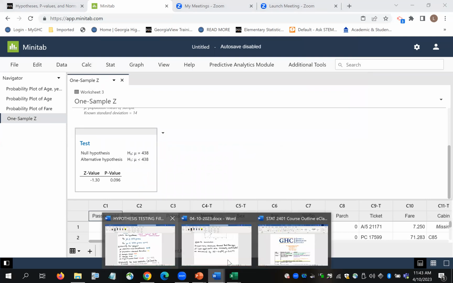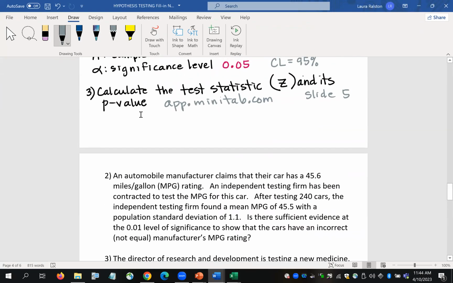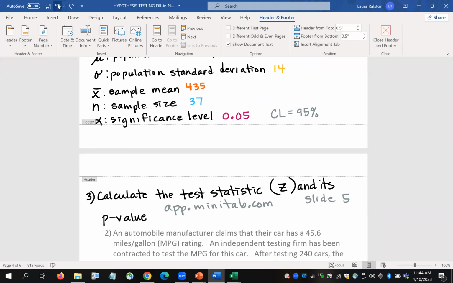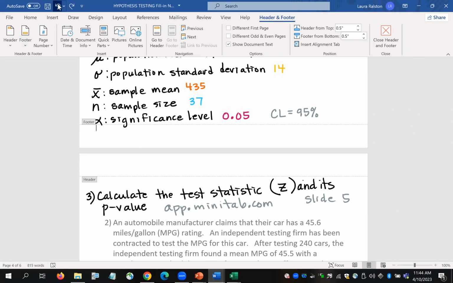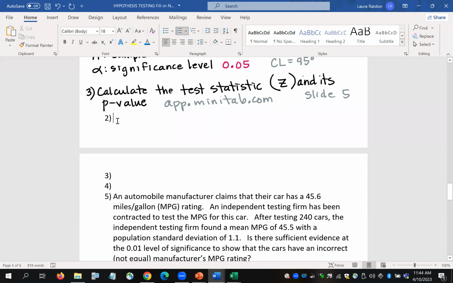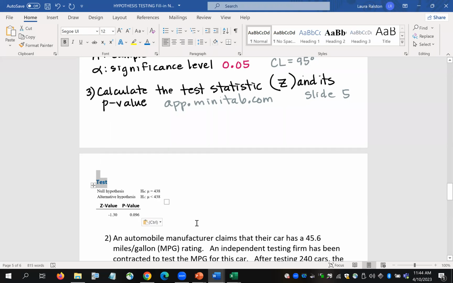Okay, so I'm going to paste in my results.